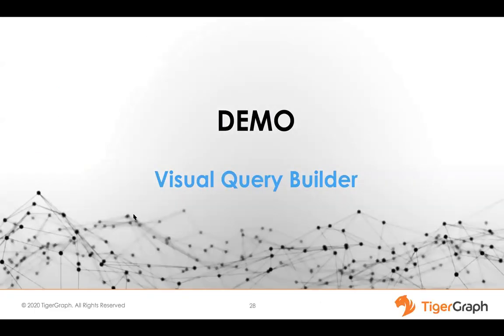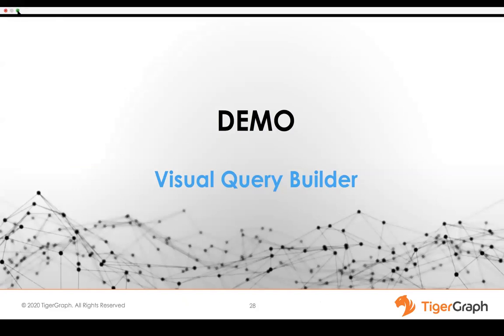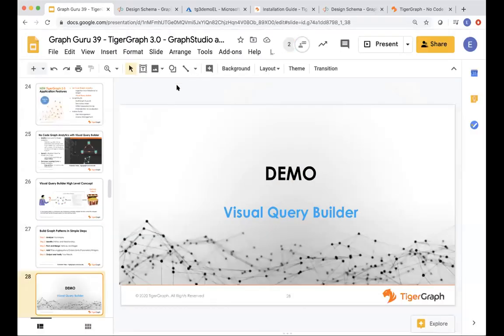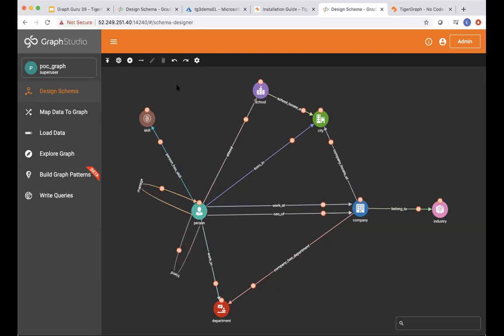Okay, now let's get to the Visual Query Builder demo. I actually have another instance up that I set up on Microsoft Azure that already has a preloaded schema. It's a relatively simple schema.